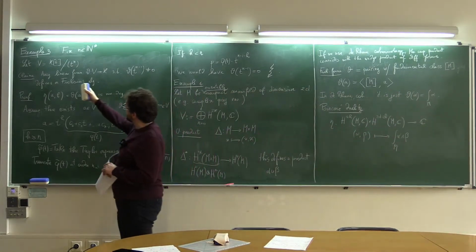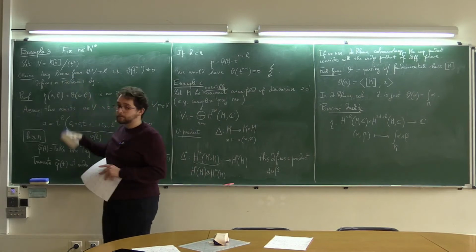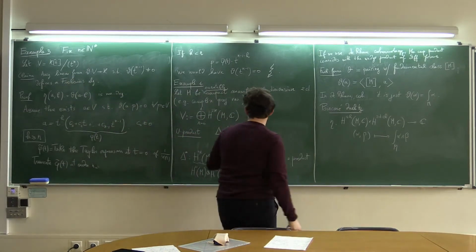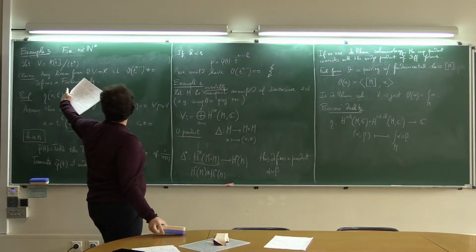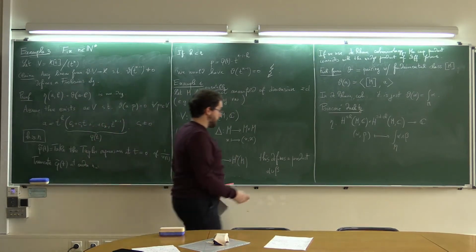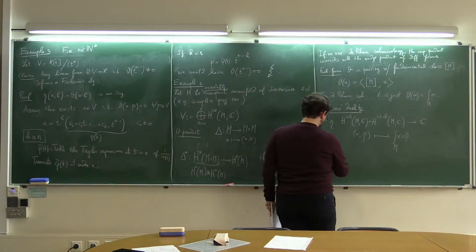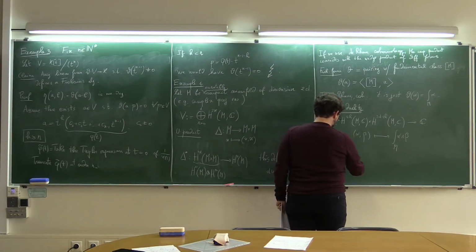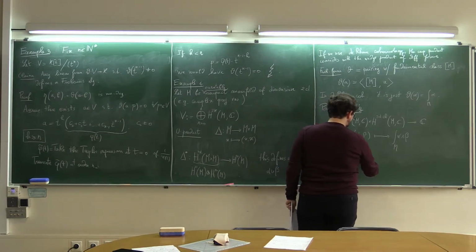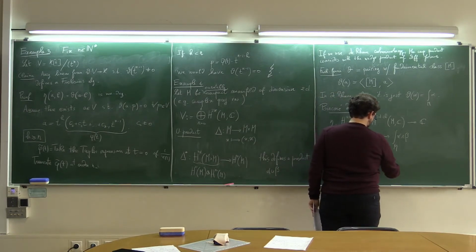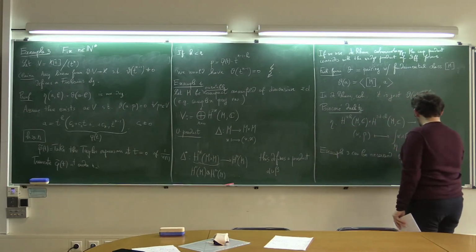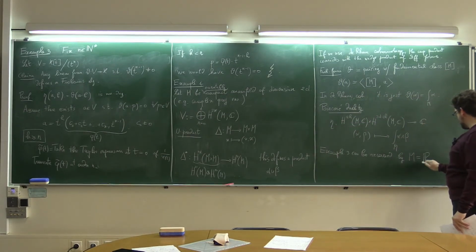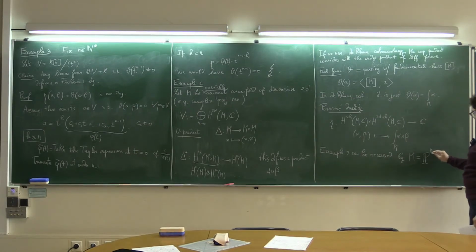And indeed, we can recover our example 3 by specifying a choice of a particular M, by taking M to be the complex projective space of dimension n-1.